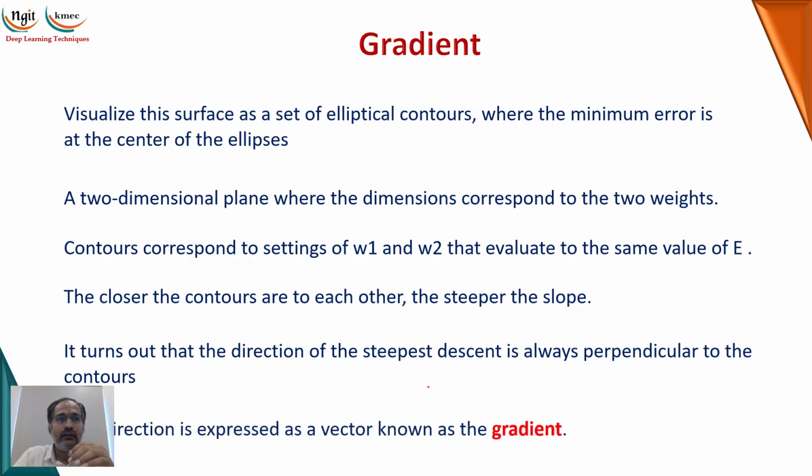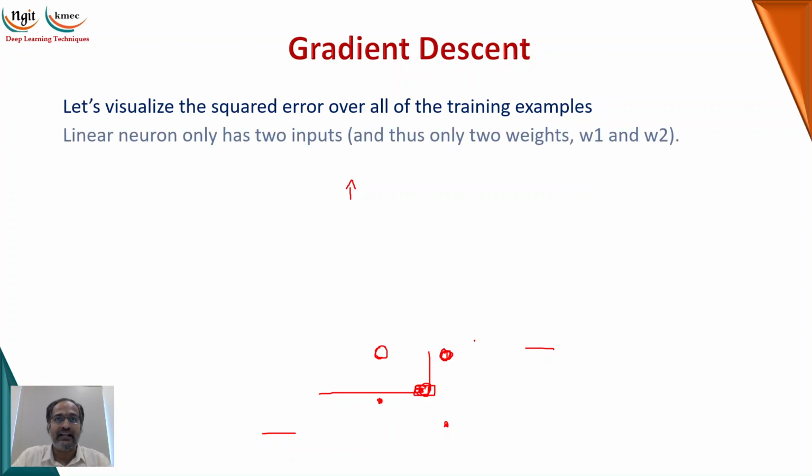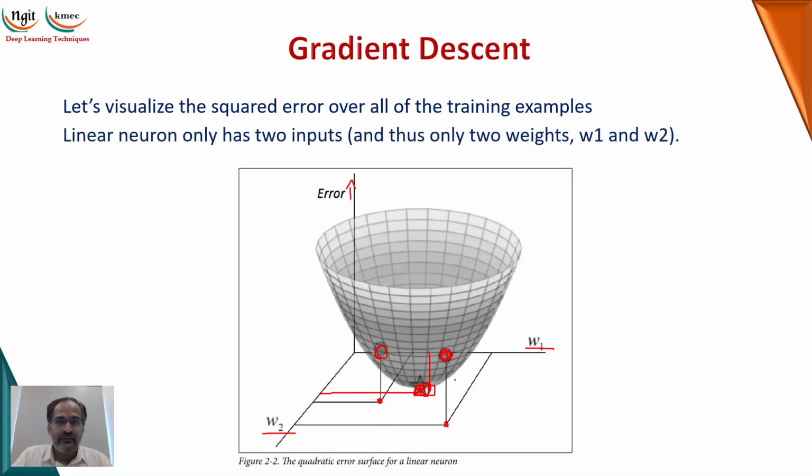Now, if you want to modify this, we have to move the values of W1, W2 in some direction. Whether you want to go in this direction or that direction, which direction you want to change, that is called the gradient. Meaning the direction in which you have to modify W1 or W2 is the gradient. Let us say, for example, W1 is there.